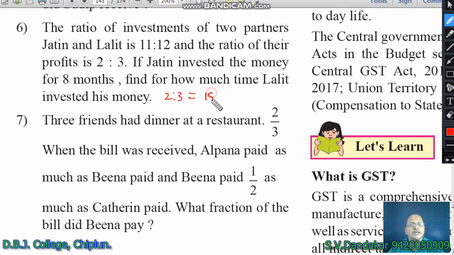So 11 into 8 months is to 12 into X months. So 2 is to 3 is equal to 88 upon 12x. Solve this and get the value of x. You can do it yourself.